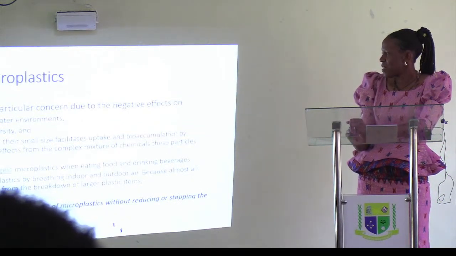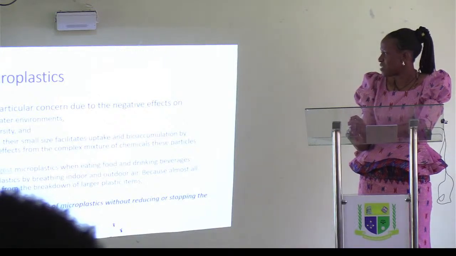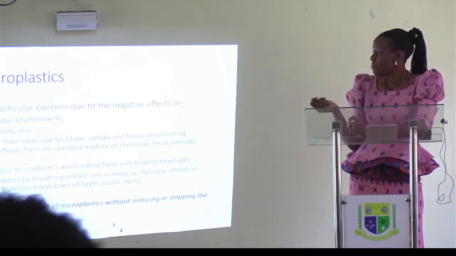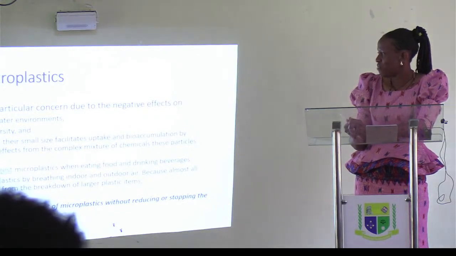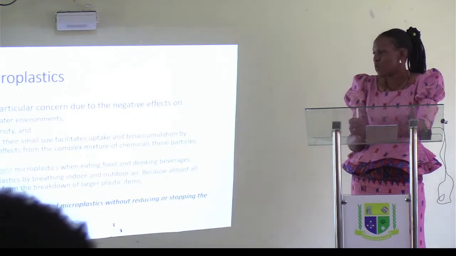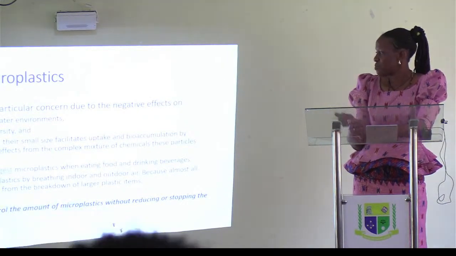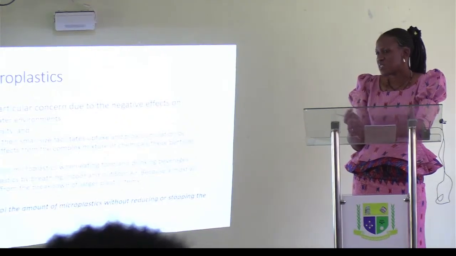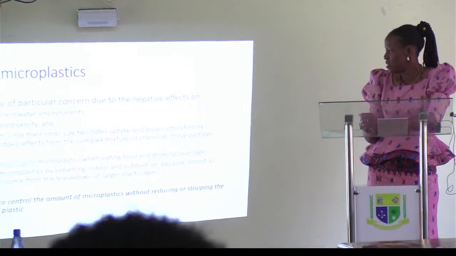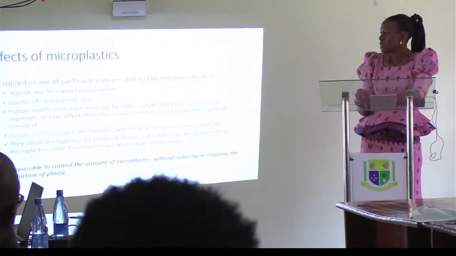So what are the most common effects? We have the water environment, the marine and fresh water, the aquatic life and its biodiversity, and of course human health, since there are chances of bioaccumulation of these microplastics.